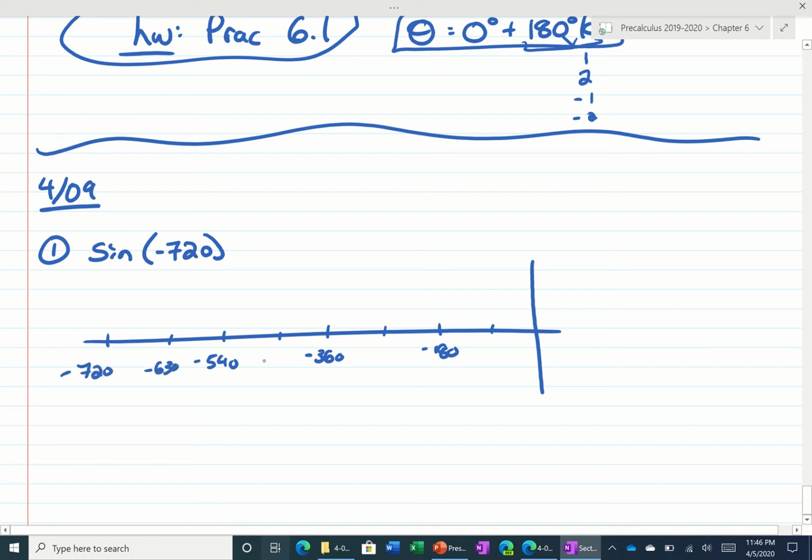These are all negative. And the sine graph starts at 0. Remember, it looks like this. And it goes down to negative 1, 0, 1, 0, negative 1, 0, 1, 0, right here. So sine of negative 720 is 0.